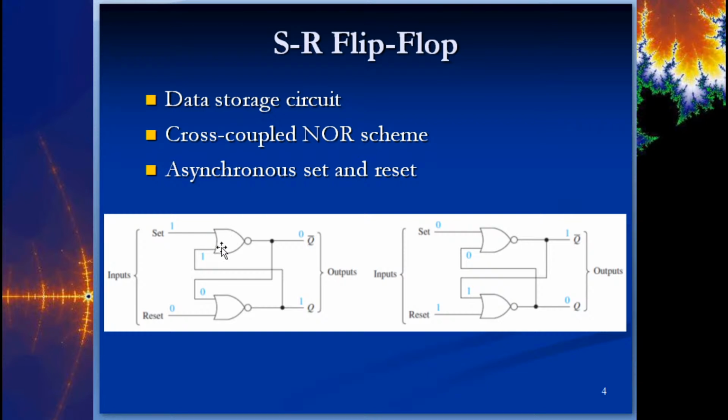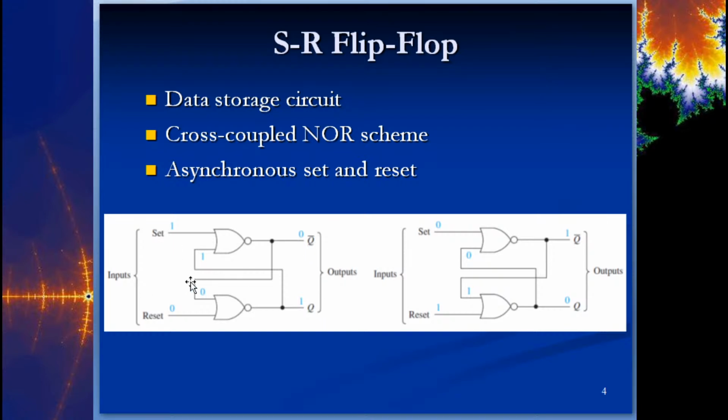Okay, now like I said, let's say that we just got this set put on Q and Q naught, and then we go to a 0, 0, which is a hold. Since Q and Q naught were 1 and 0 respectively, that's what they remain. That's what the hold condition means. Whatever Q and Q naught were, that's what they will remain in the hold condition.